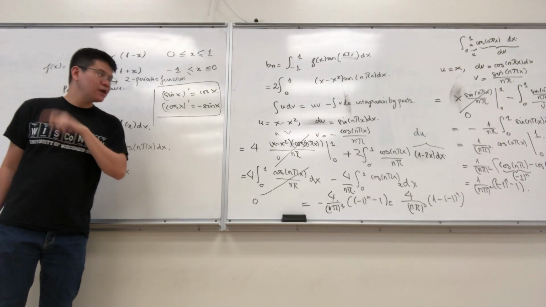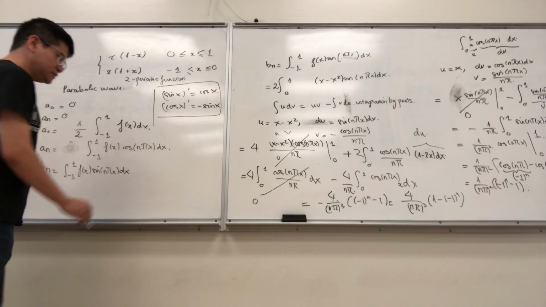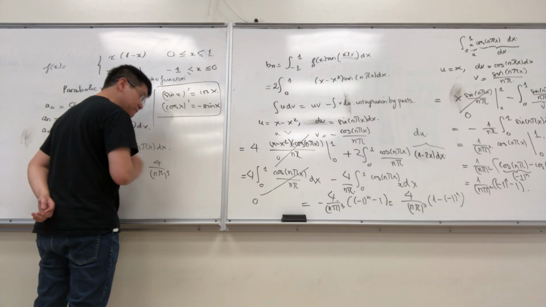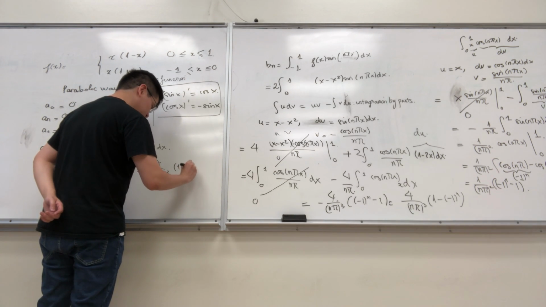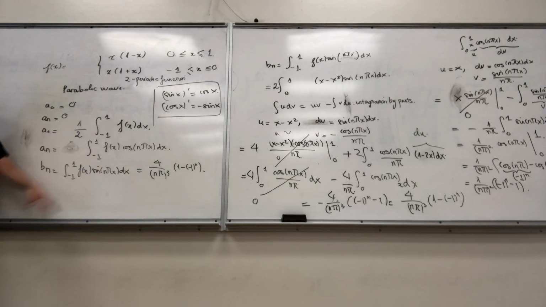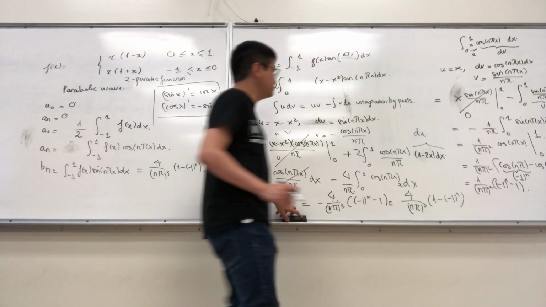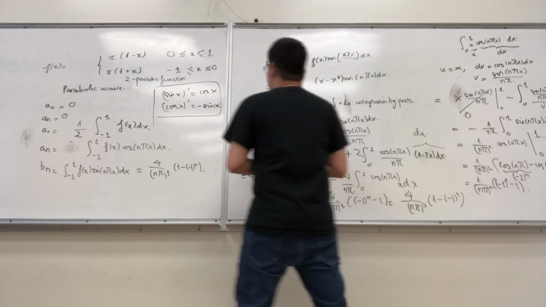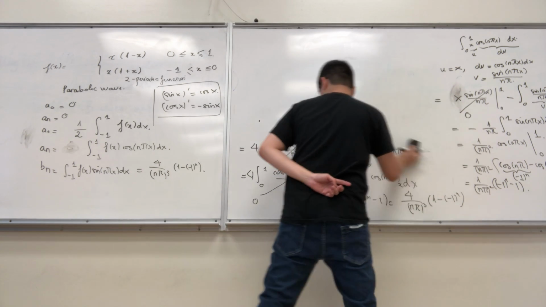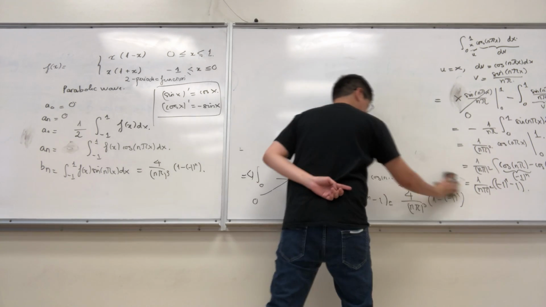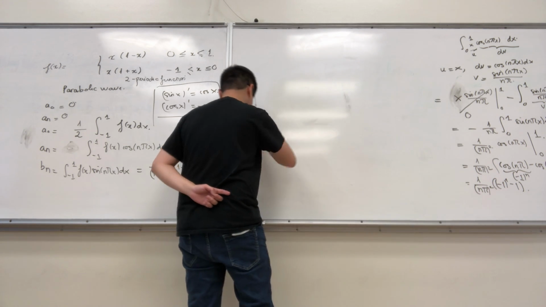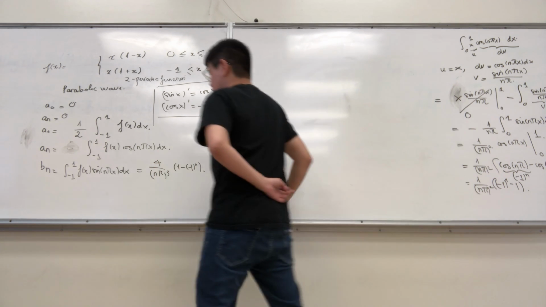It's clear? All right. So in this case, we have 4 over n pi to the power 3 times 1 minus 1 to the power n. All right. Now let us write out the form of the Fourier series.